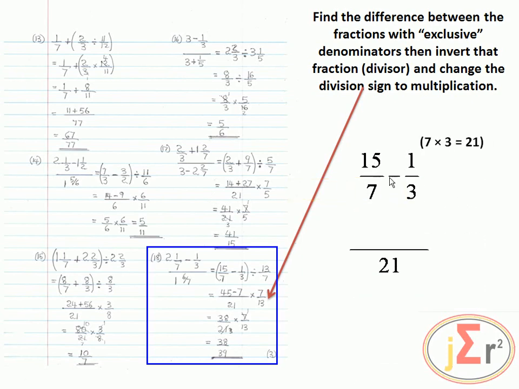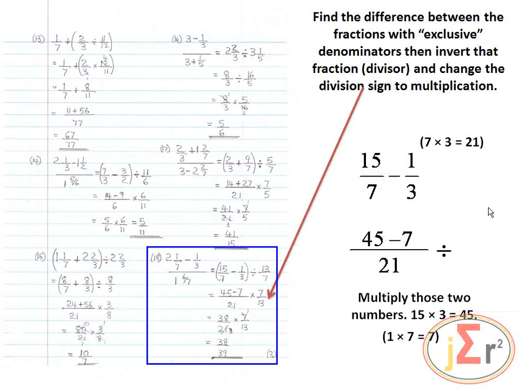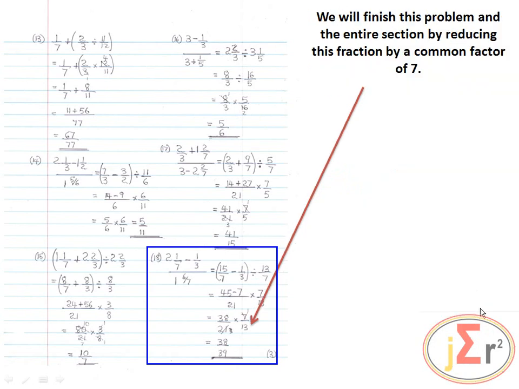Then 15 3s are 45. Then 1 7 is 7. And we are about to do the reciprocal of this, replacing the division sign by a multiplication sign. And then we find the difference between these two.